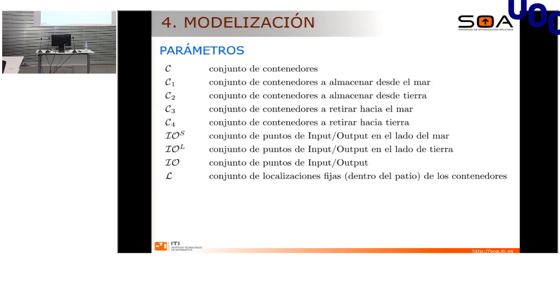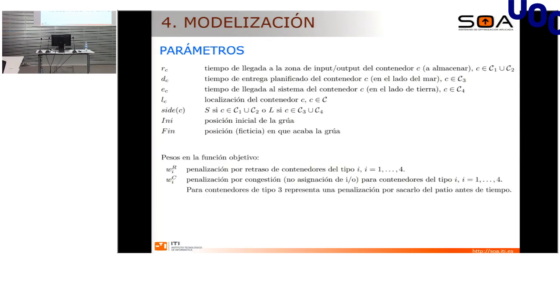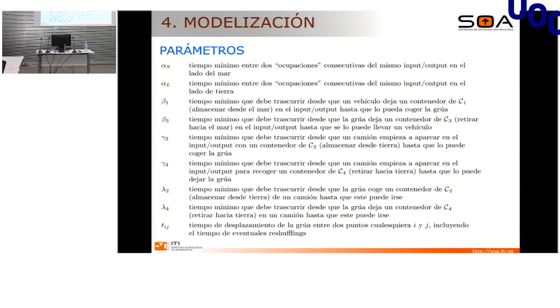sorry, it's in Spanish because this is a different presentation. The inputs and outputs on the sea side or land side. So there are a lot of parameters: the release time, due date, etc. All these parameters, I think we removed now from the model because they are like service times.